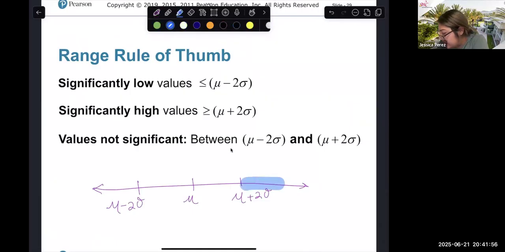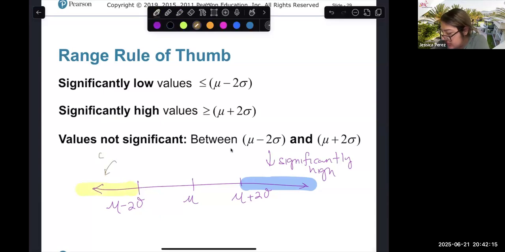So over here, these are significantly high. And then over here, we have significantly low values. Oops, let me change that to a yellow. This would be significantly high.